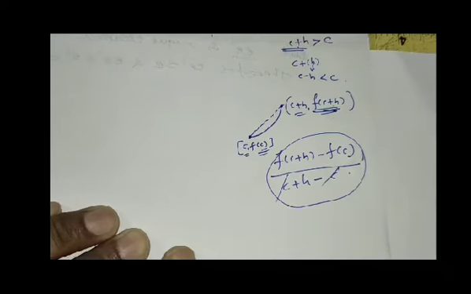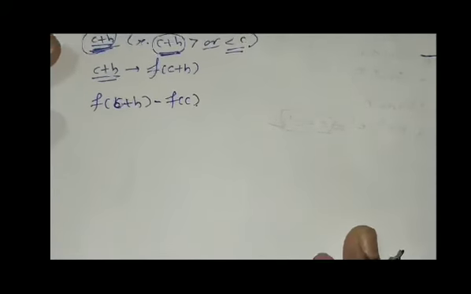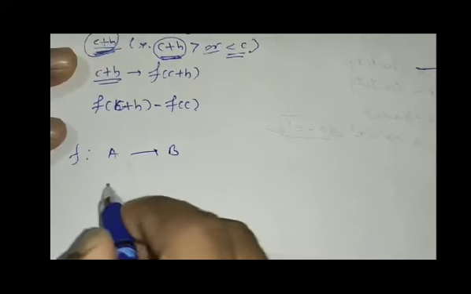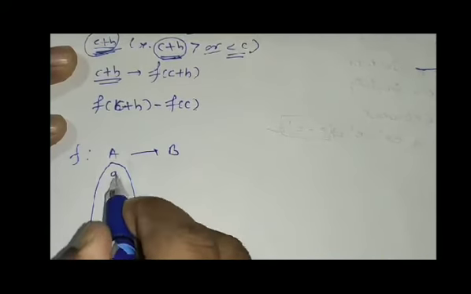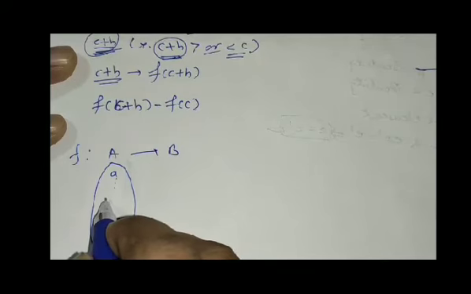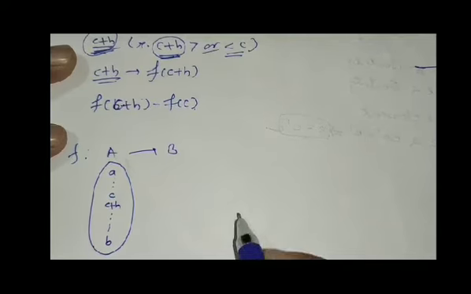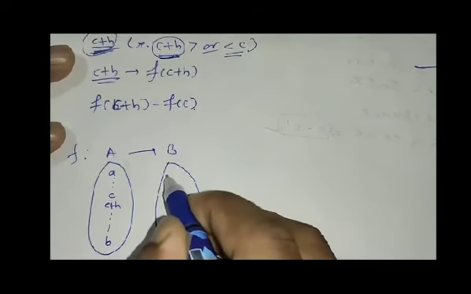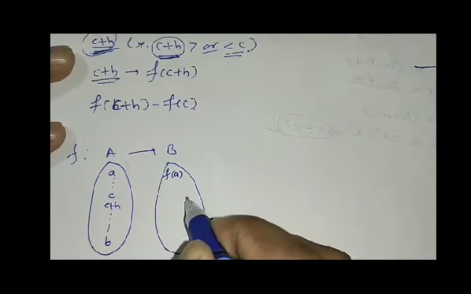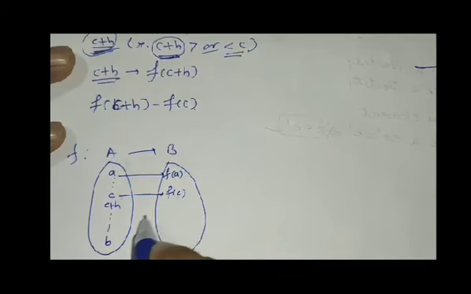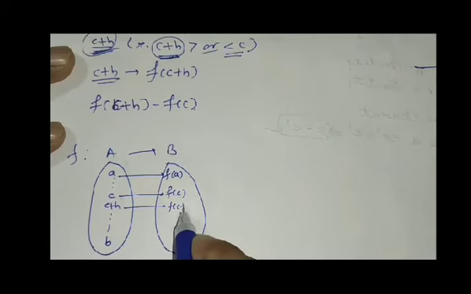I can also represent this ratio in another way. Suppose f is a function from the set A to B, and in A there are some elements: a, then c, then c plus h, and last b, and their corresponding values. The corresponding value of a is f of a, of c is f of c, of c plus h is f of c plus h, and of b is f of b.